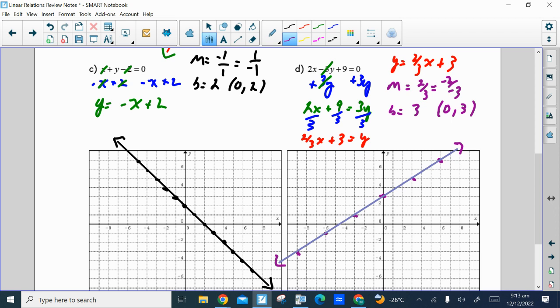So there's that line. The slope is positive 2/3, and because it's positive, it rises as you go left to right.